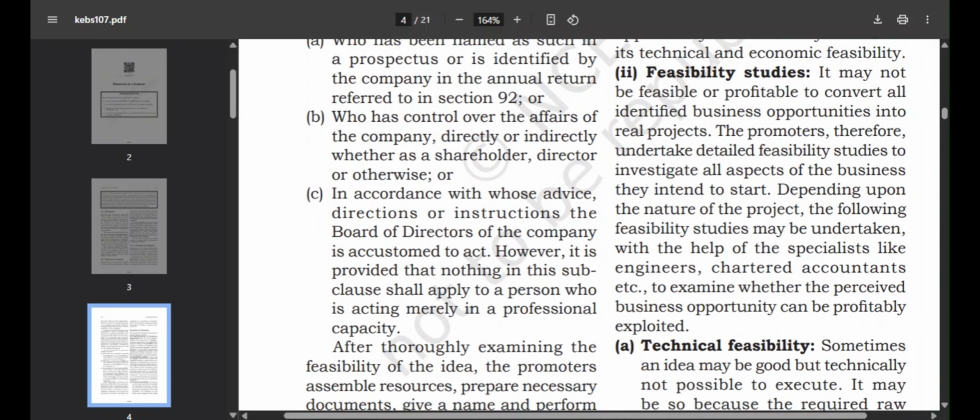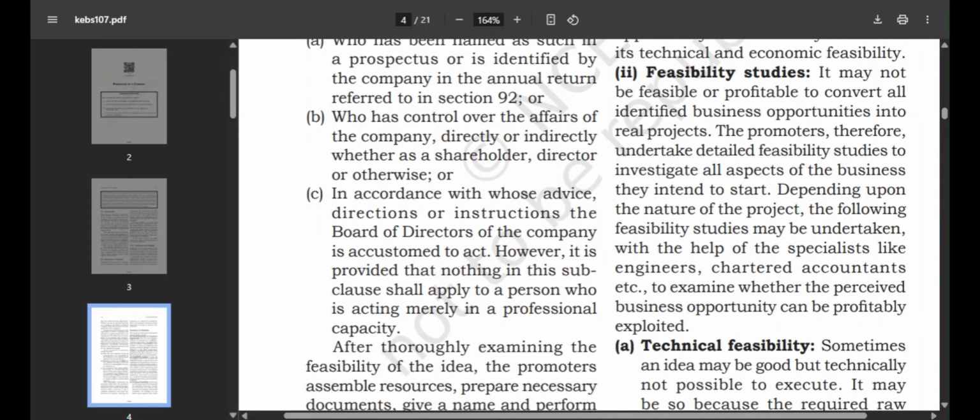Not always whatever you think can be feasible, right? Maybe you think of a business idea that involves a lot of money, a lot of effort, so that might not be financially feasible for you, right? So it is not always feasible or profitable to convert all the identified business opportunities into real projects. So the promoters therefore undertake a detailed feasibility study.